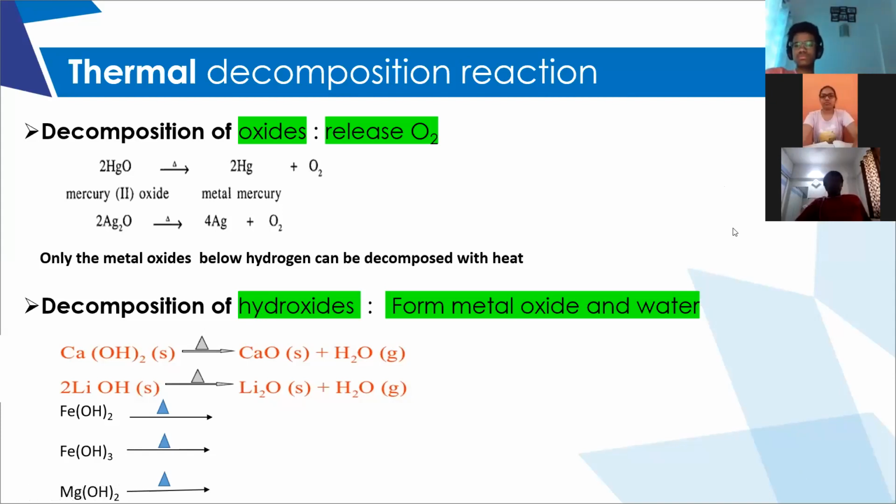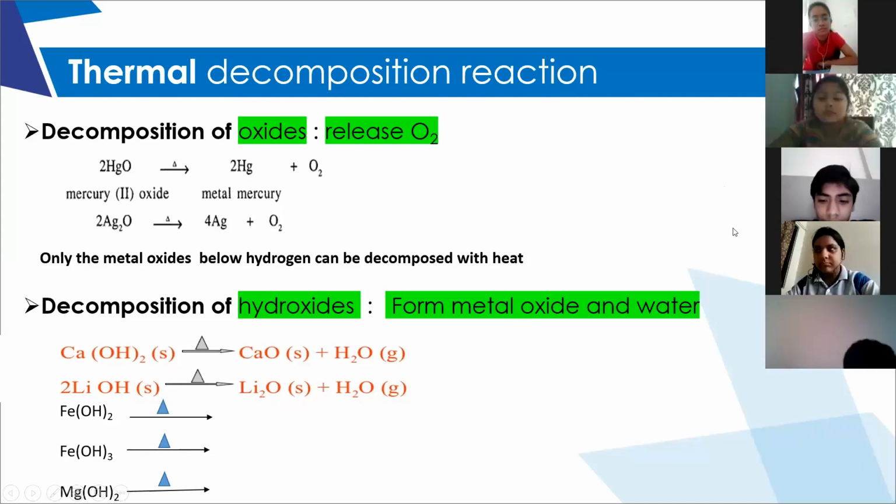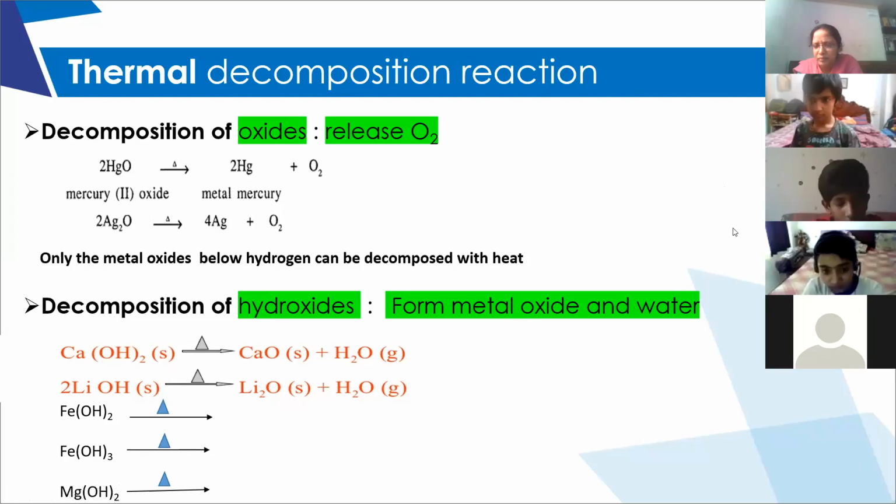Yes, Rohan. Ma'am, but the formation of Fe hydroxide is a reversible reaction. Yes, based upon some reaction conditions, we can say it will be reversible. For a reversible reaction to proceed, we should give some temperature and pressure conditions, called optimum temperature and optimum pressure.